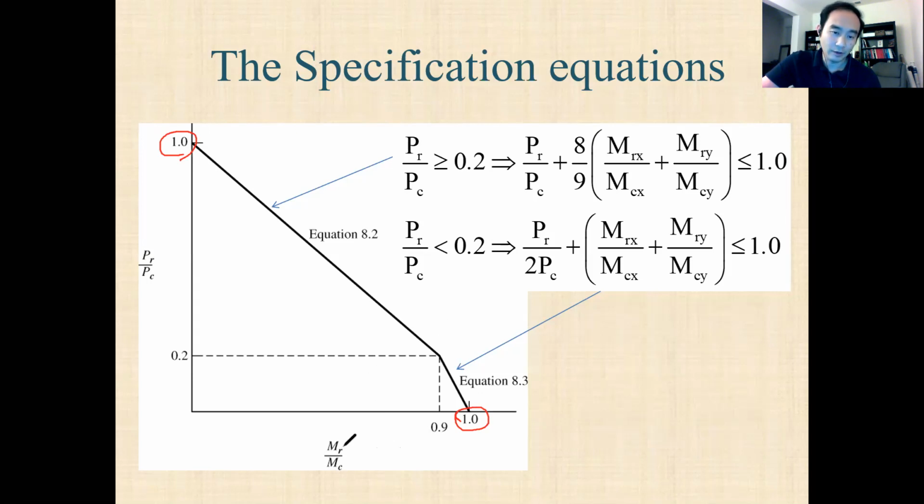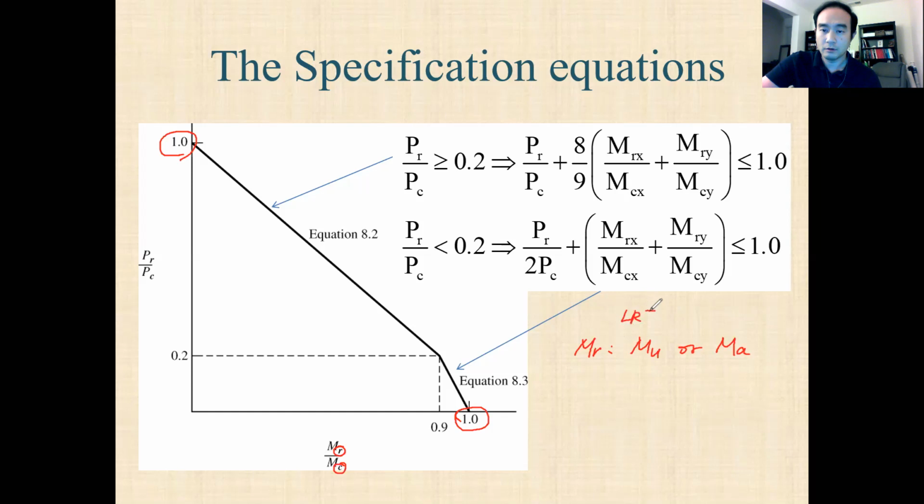In any case, MR will be equal to either MU or MA, which means demand, right? So MU when you have a LRFD method, MA when you decide to use ASD. And MC, this is capacity.